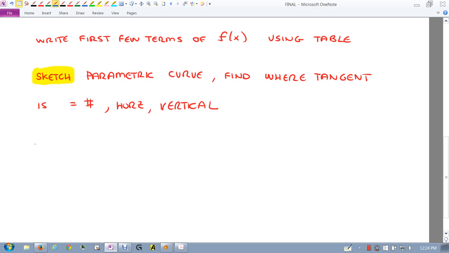How about parametric area, a parametric arc length. That's good enough for parametric.